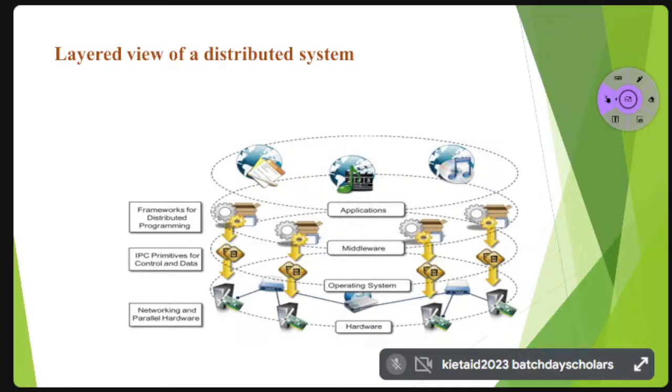The application is the one click, the mouse click, and middleware and operating system sit in between. That's what the operating system definition itself says: an operating system is software which enables the services of a hardware component. Normally we can define the operating system as an interface between the user and the system, the interface between the user and the hardware component in a system.